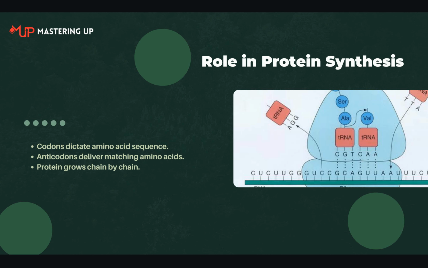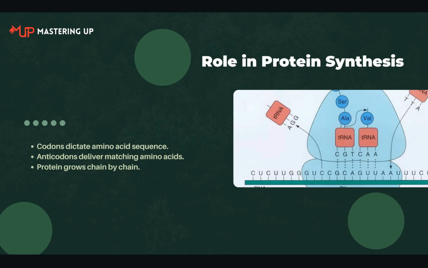Now let's see the role of these codons and anticodons in protein synthesis. During protein synthesis, codons act as the instruction manual. The ribosome reads each mRNA codon, and the matching tRNA with the correct anticodon delivers the right amino acid.